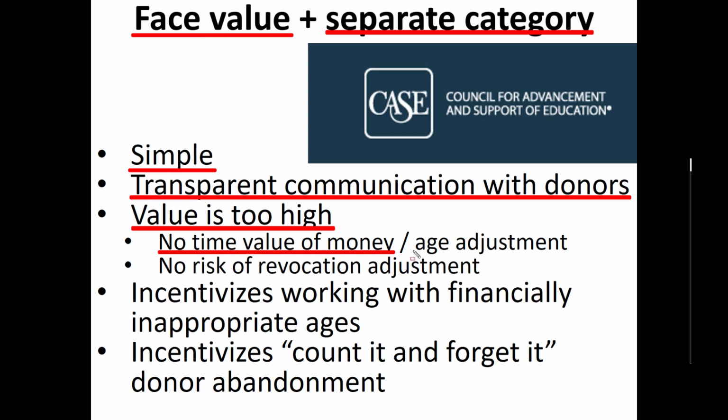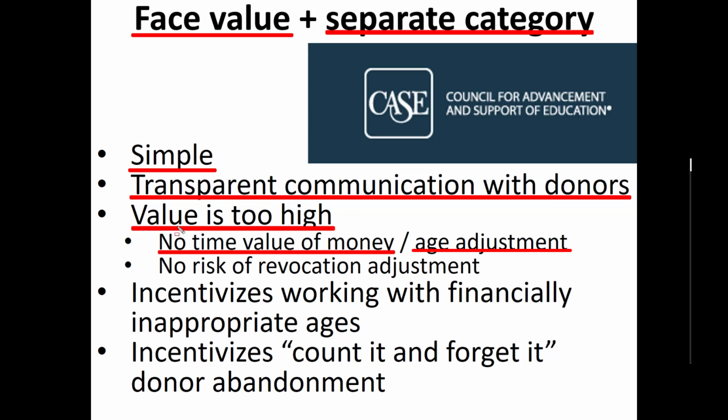There is no age adjustment. We're treating the face value of a gift that happens at the end of life for a 60-year-old the same as for a 95-year-old. And that's just silly. We know that on average, we will have to wait much longer to receive that money from the 60-year-old than from the 95-year-old. And because we have to wait much longer, the present value of that gift is much, much lower.